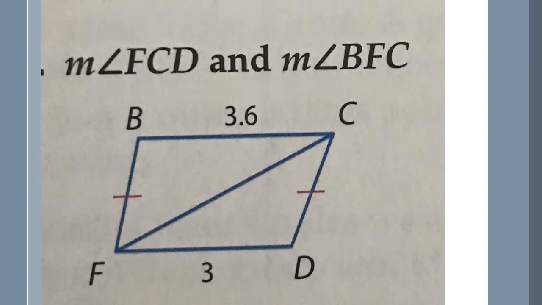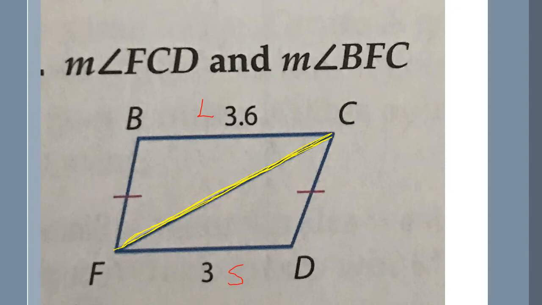Okay, now we have two sides of the triangle that are equal. This third side of the triangle, this one here that I'm doing in yellow, is congruent to itself. So this side here is larger, this side here is smaller.